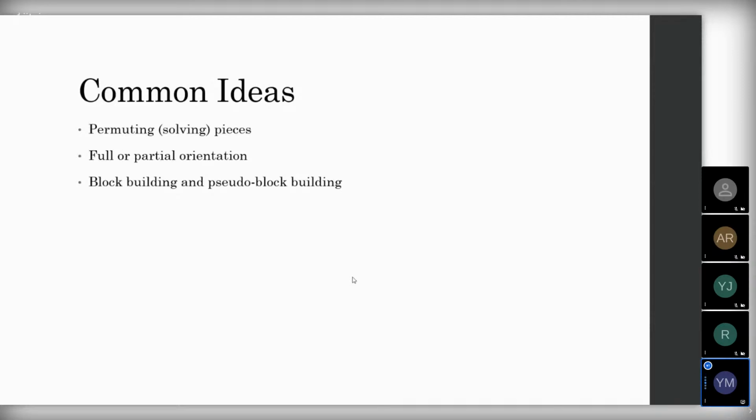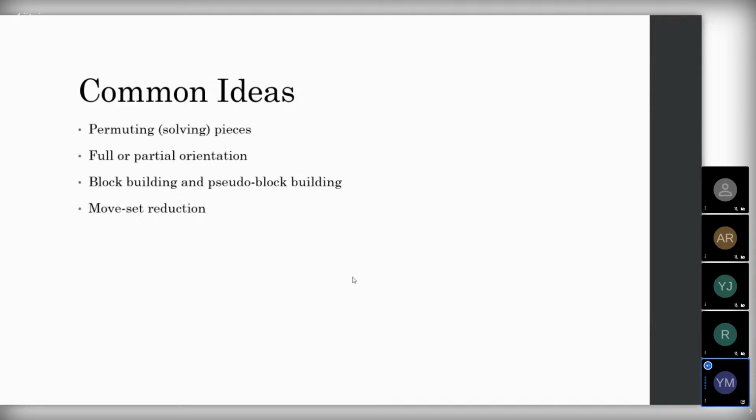And of course, pseudo block building is if you make a block that is one move away from being solved. So if you have heard of the Heise method, H-E-I-S-E, what it does is it builds a 2 by 2 by 2 block, but it's not necessary that it's a solid 2 by 2 by 2 block. It can be a D away from being solved. So at the end of the solve, after you have put in a lot of pseudo blocks together, you can do a couple of moves and finish F2L minus 1.